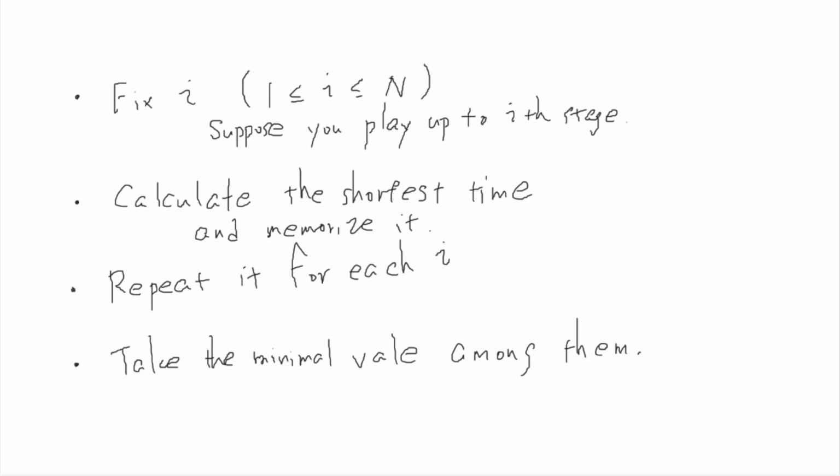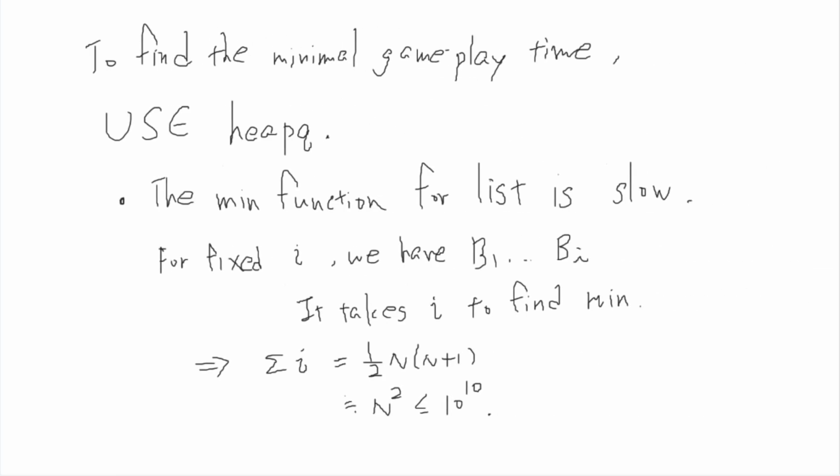Then calculate the shortest time under the assumption and memorize the value. Then repeat it for each i, and finally take the minimal value among them, and this is the answer. So that's all about the algorithm.